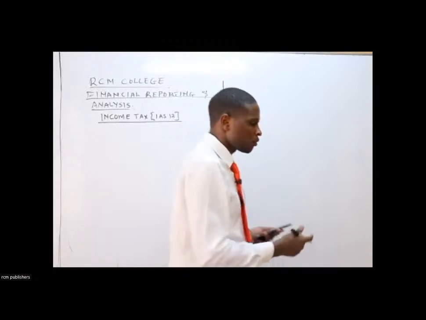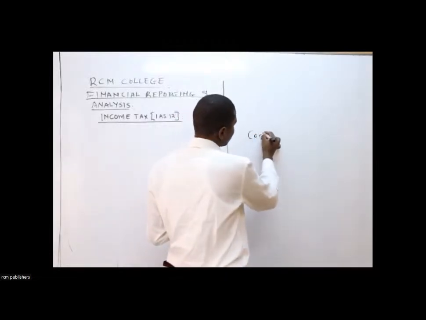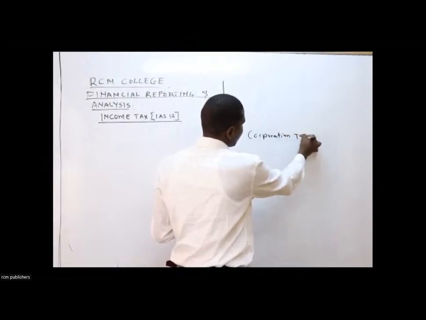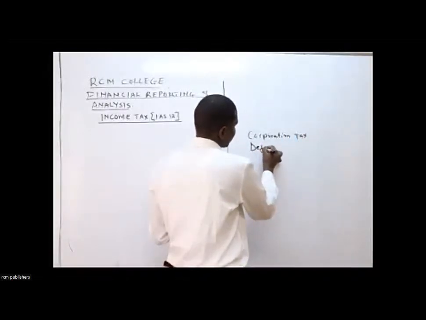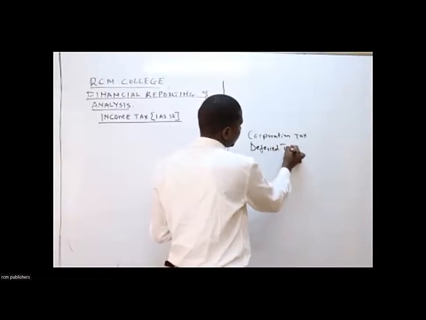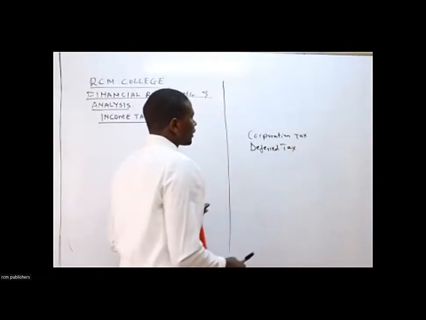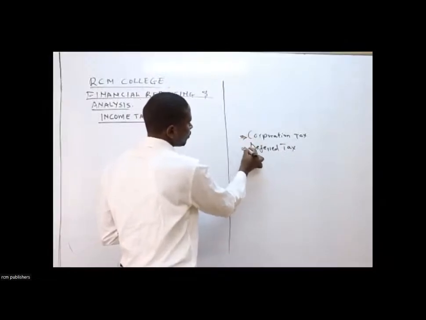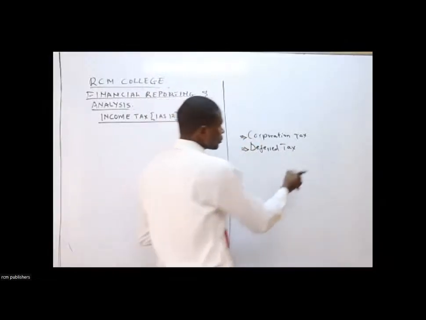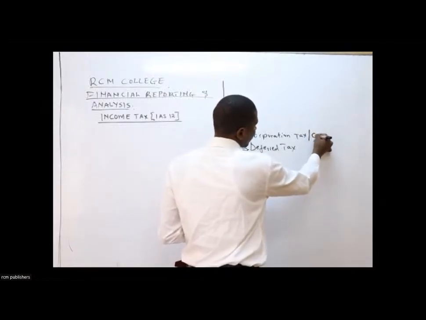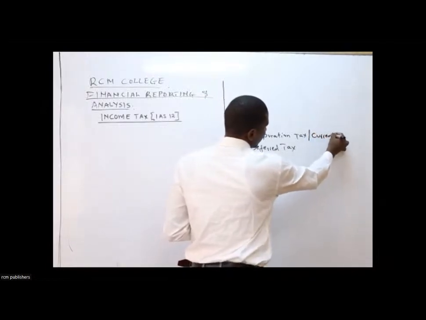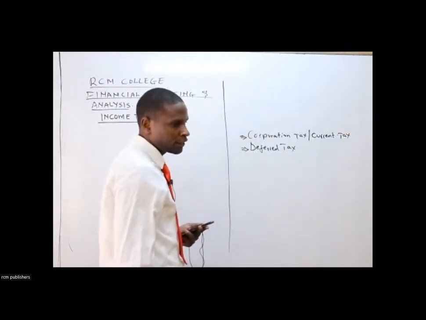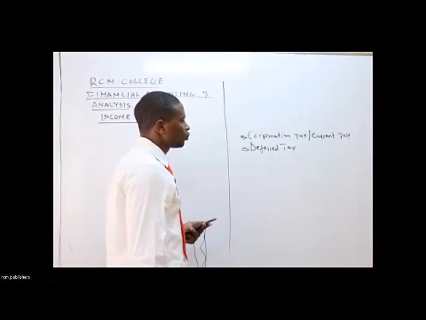So when you talk about corporation tax and deferred tax, income tax is all about the two. The corporation tax is the current tax that every company pays at the end of the financial year.